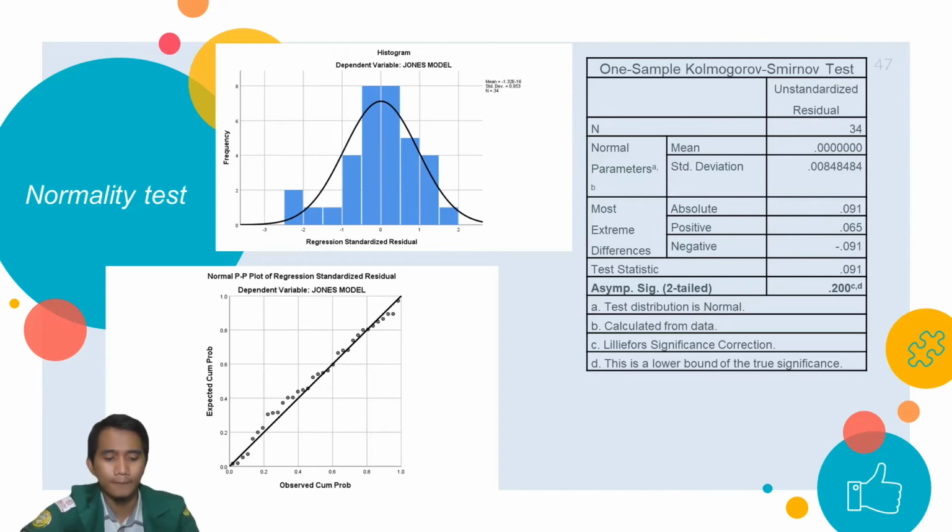In the normal probability plot, the data spread around the diagonal line and follow it. In the one-sample Kolmogorov-Smirnov test, the significance value of 0.200 is greater than the significance level of 0.05, so the data is normally distributed and can be analyzed further.